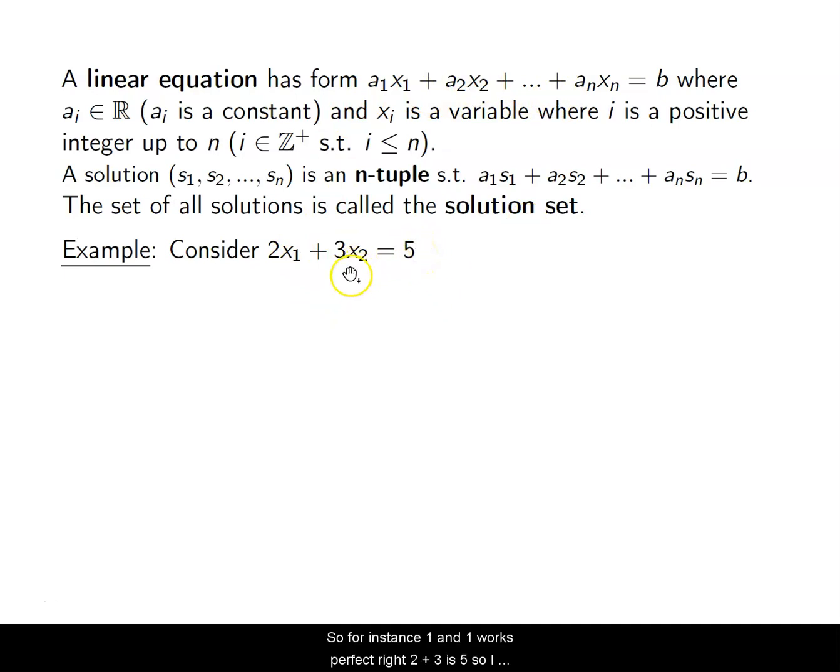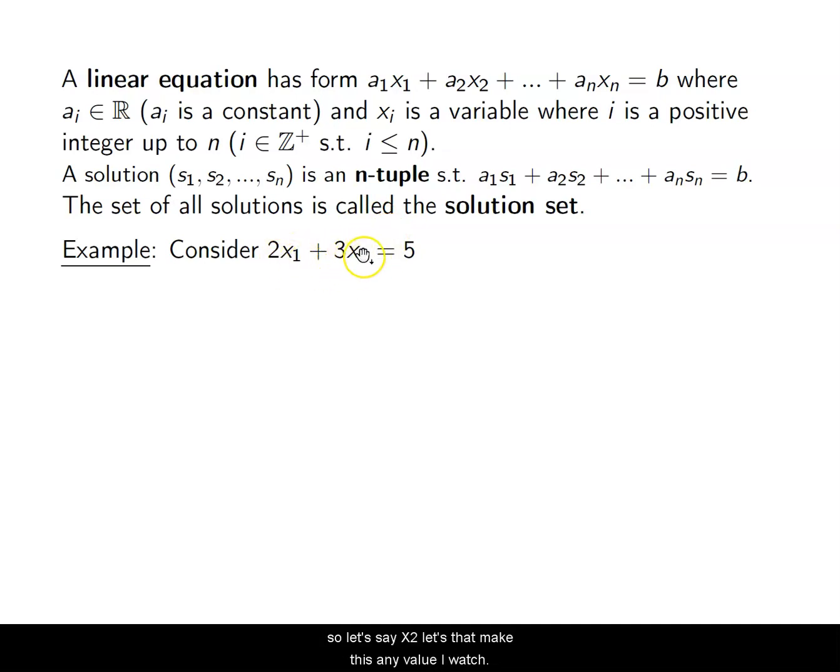So, for instance, 1 and 1 works perfectly. 2 plus 3 is 5, so if I have a 1 here, this works out well. But notice that since I have only one equation and two variables, one of these I can make any value I want. Let's say x2.